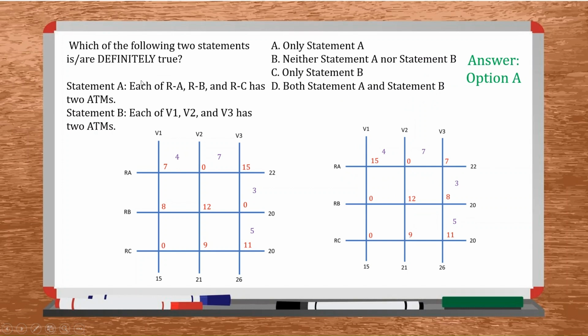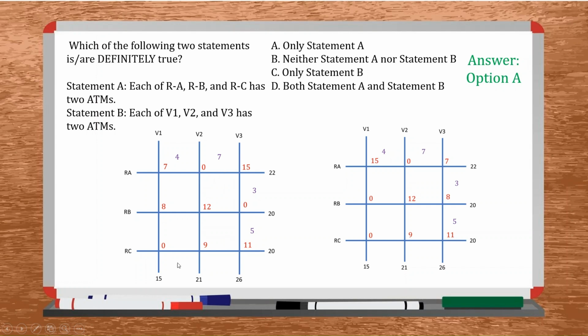Next we have 2 statements and we want to see whether statement A is true, B is true, neither is true, or both are true. Statement A is RA, RB and RC have 2 ATMs each. Statement B is each of V1, V2, V3 has 2 ATMs. In solution 1, we can see RA, RB and RC have 2 ATMs each and V1, V2, V3 also have 2 ATMs each.